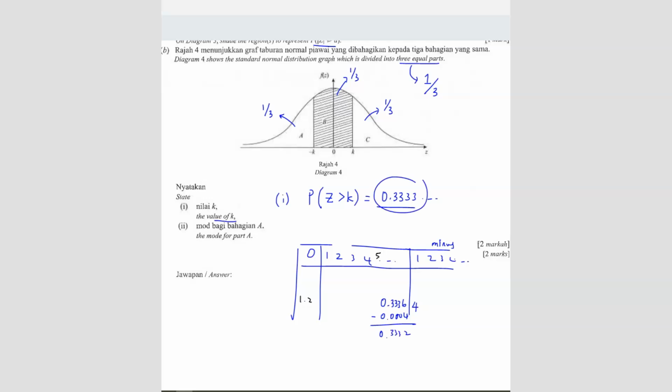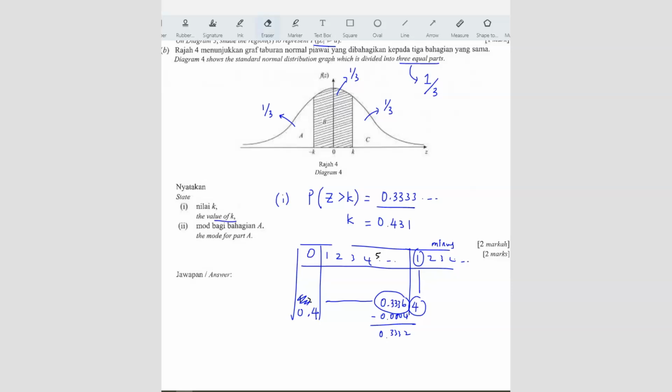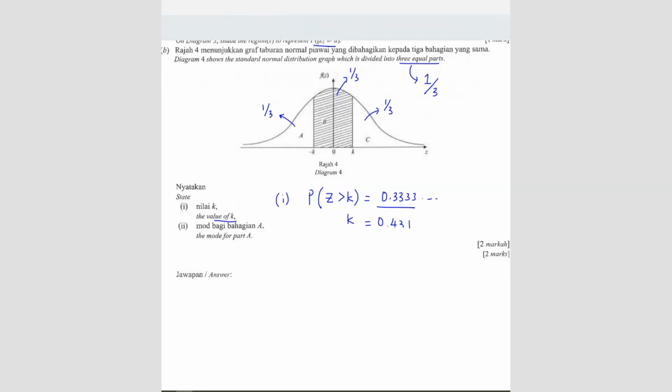That's the closest I can get. So I'm going to take the 0.3336 and the 4. I can't remember the actual value, but I remember the k value you will get is 0.431. So yeah, you get 0.431, so your answer is that.